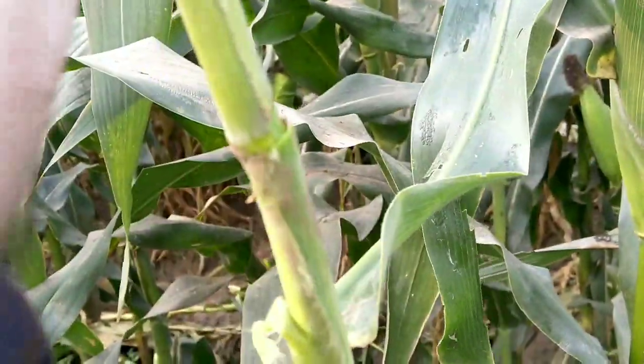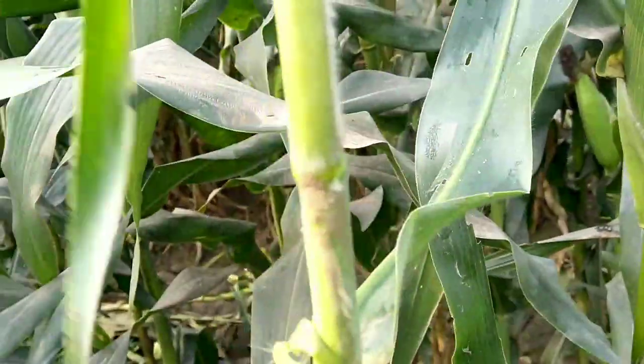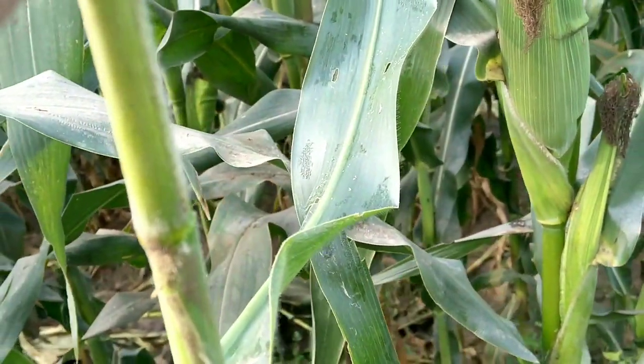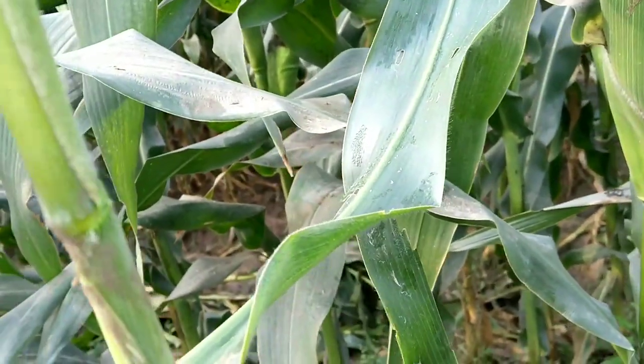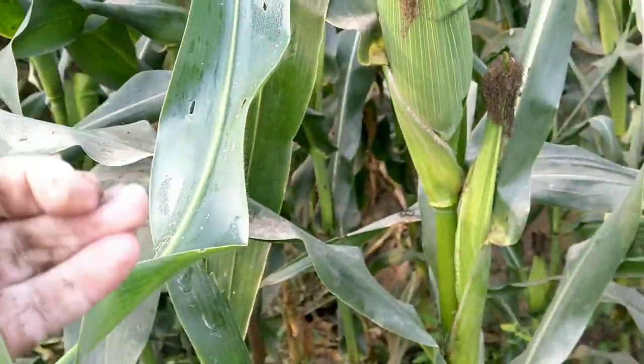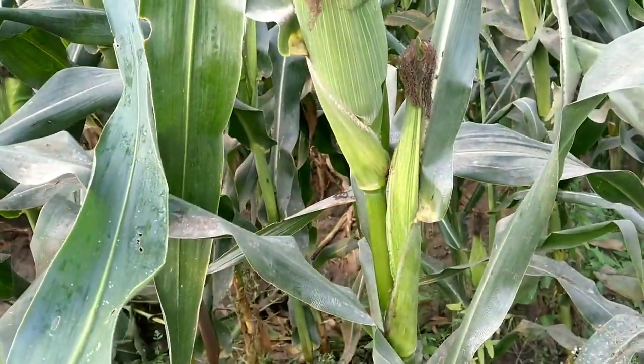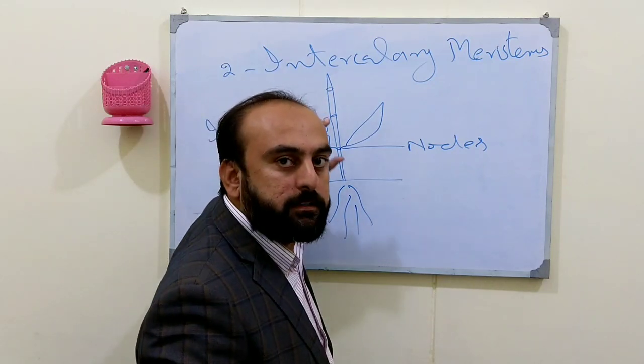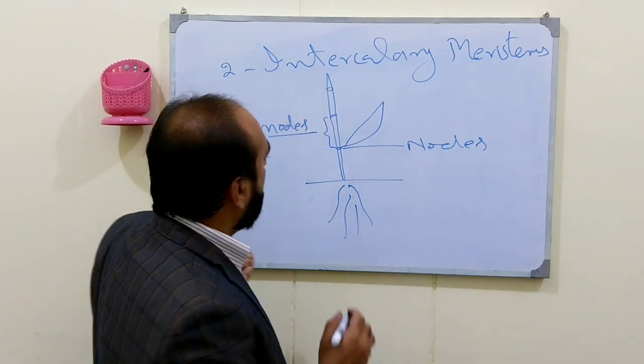Nodes are enlarged portions of stem where leaves are attached and where vegetative or floral buds initiate. And the distance between 2 nodes is called as internode.